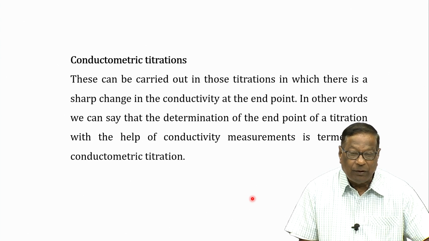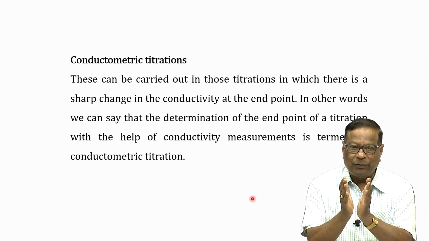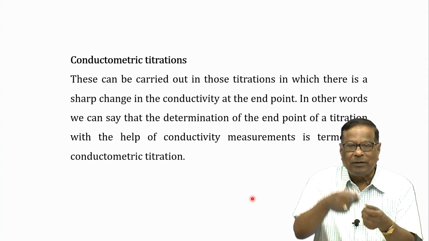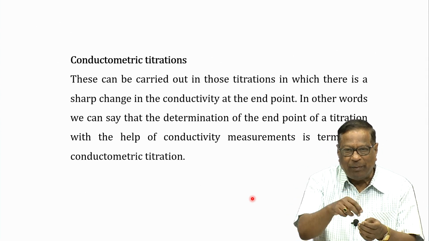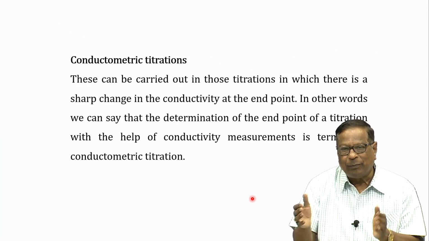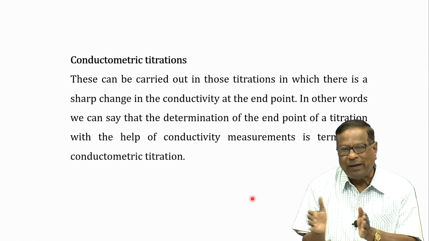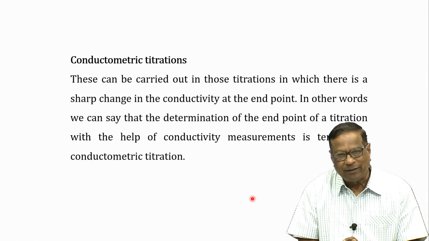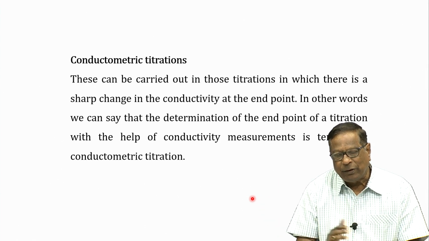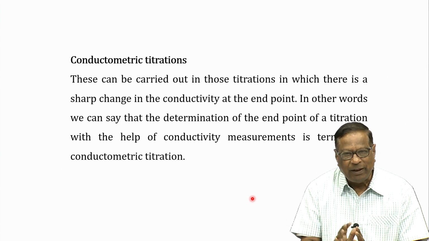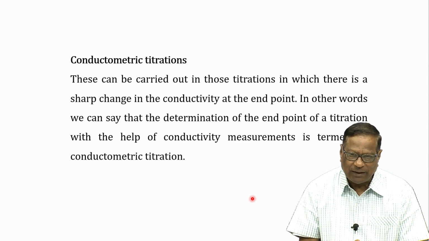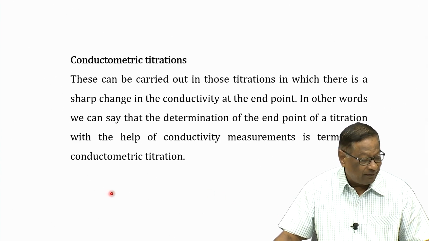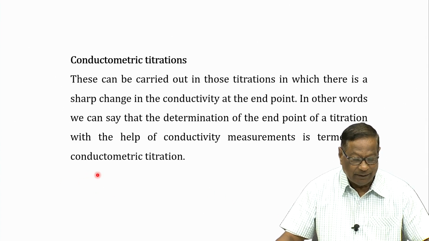All you do is take a solution in a conical flask, put another solution in the burette, add a little bit, put it in a conductivity cell, record the conductance. As you increase the volume, somewhere there will be the end of the reaction, and that can be plotted. That is how titrations are made.